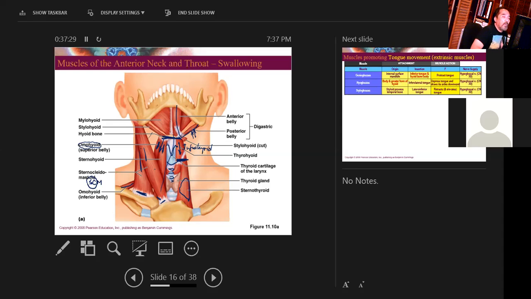Okay, pulling it up would be the digastric. You've got anterior, posterior, and then you have the mylohyoid underneath. Okay, so that's going to be the mylohyoid and the digastric. It has two bellies: the anterior belly and the posterior belly.